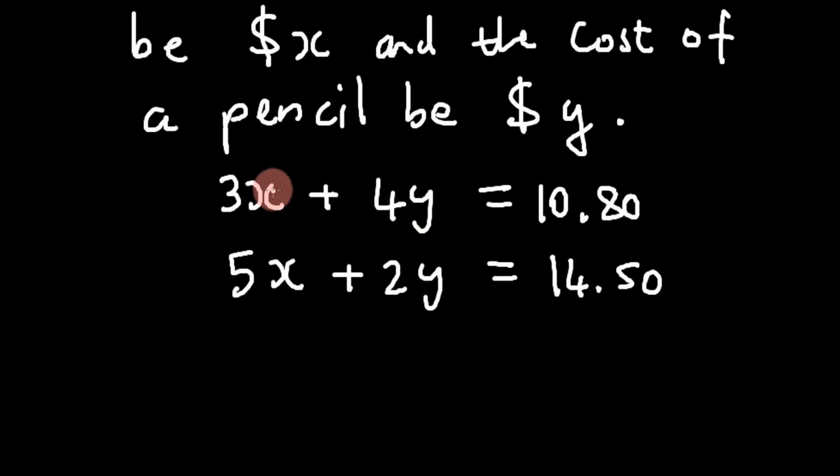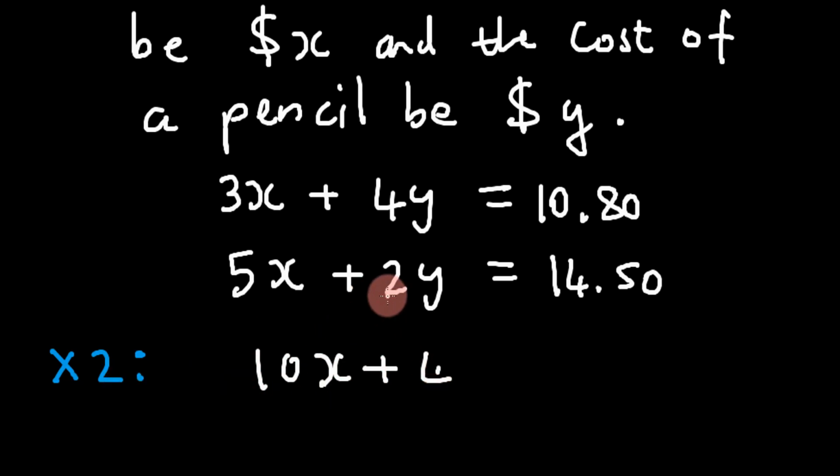We want at least one of the coefficients of the x's or the y's to be the same. We can easily get the coefficients of the y's to be the same if we multiply the second equation here by 2. So we're going to get 2 times 5x plus 2 times 2y.